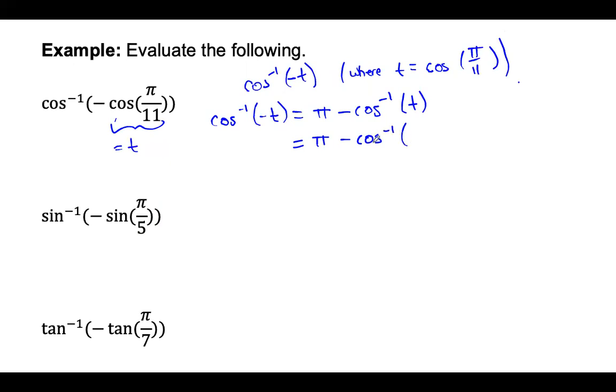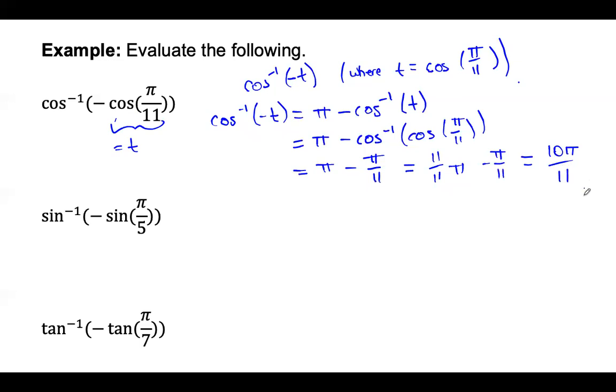So cos inverse of cos pi divided by 11 is just pi over 11. So this is pi minus pi divided by 11, which is the same as 11 pi divided by 11 minus pi divided by 11. So this is just 10 pi divided by 11. So that helps us solve that question.